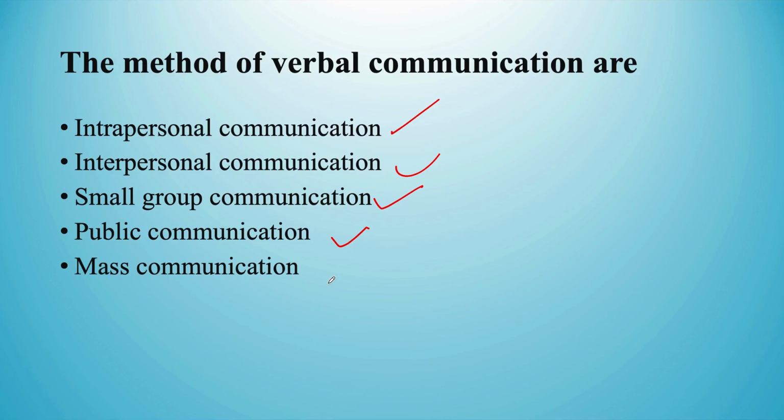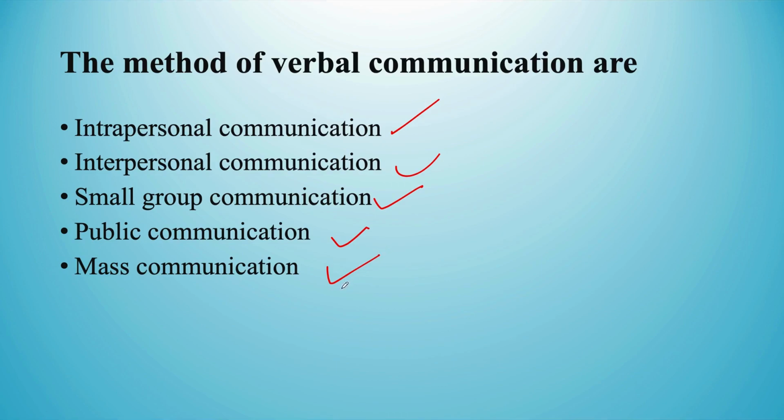All right, then we have mass communication. Now this takes place when a small group of people pass down the information to a large number of people, using different mediums of communication. This type of communication adopts a special kind of medium that facilitates the information to reach a wide majority of people.